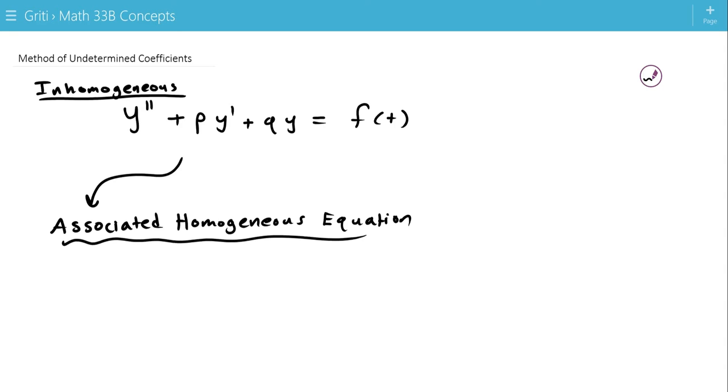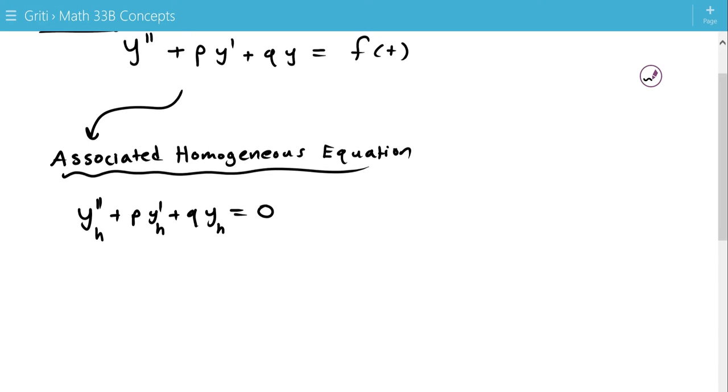And that's just going to be y double prime plus py prime plus qy equals 0. So we have a 0 instead of a function. And I'll put a subscript h on this y to indicate that it's a different y than our inhomogeneous equation.